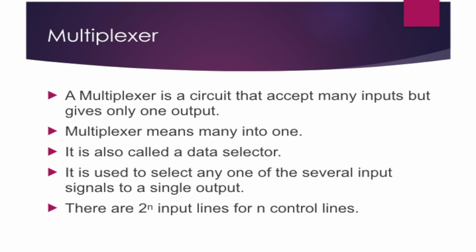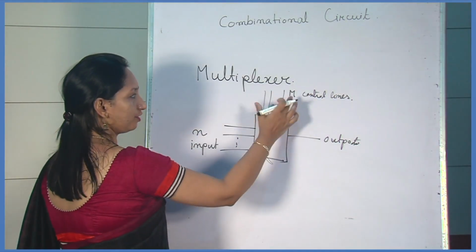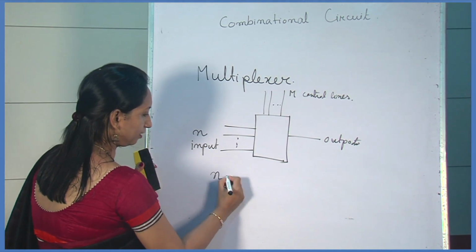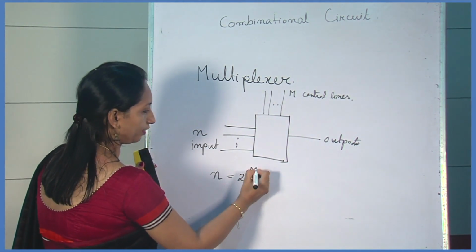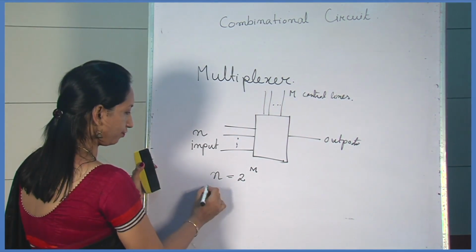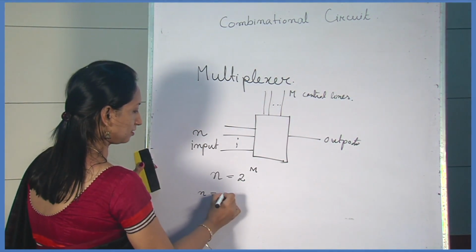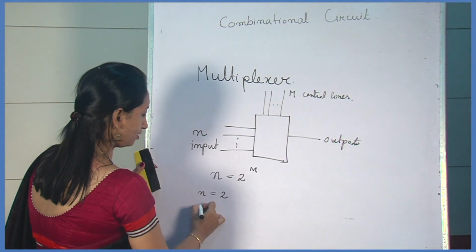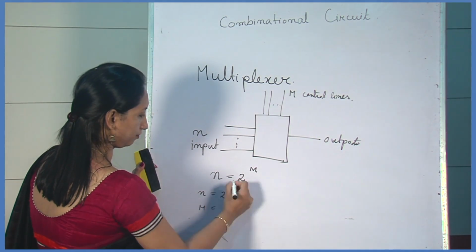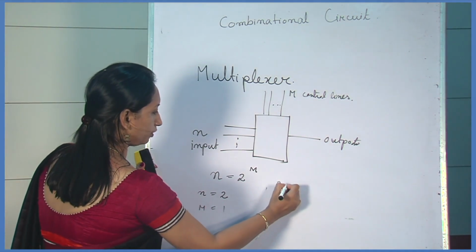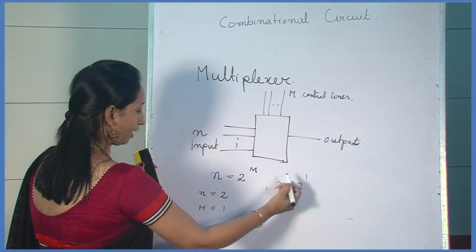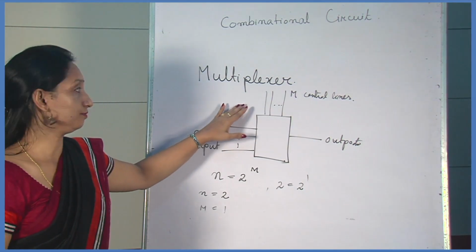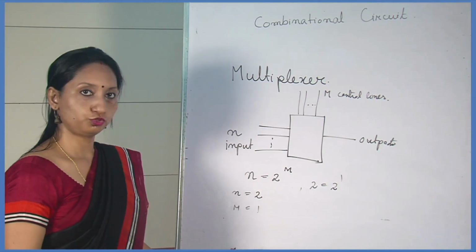signals to a single output. The relation between the number of inputs and the control lines is n equals 2 to the power m. That means if the number of input lines is 2, then the number of control lines m will be 1, because 2 is equal to 2 to the power 1. So m will be 1. This control line, or selector line, will be 1 when the input is 2.